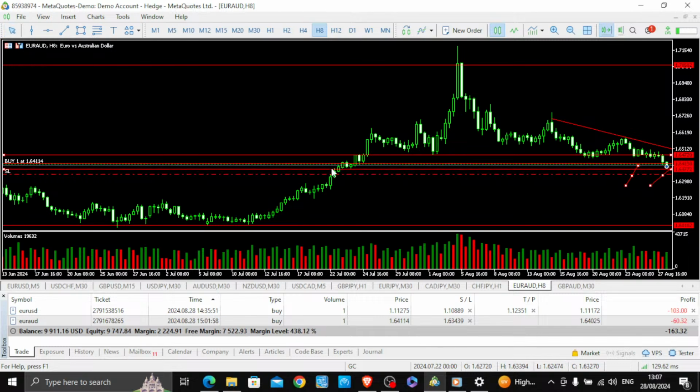Here is the last candlestick before it moves up.